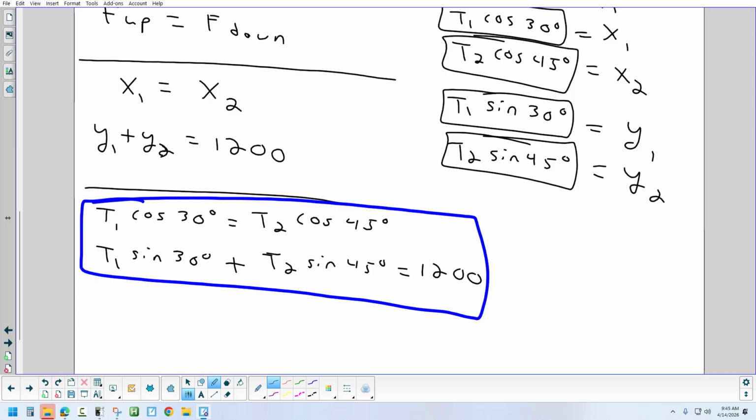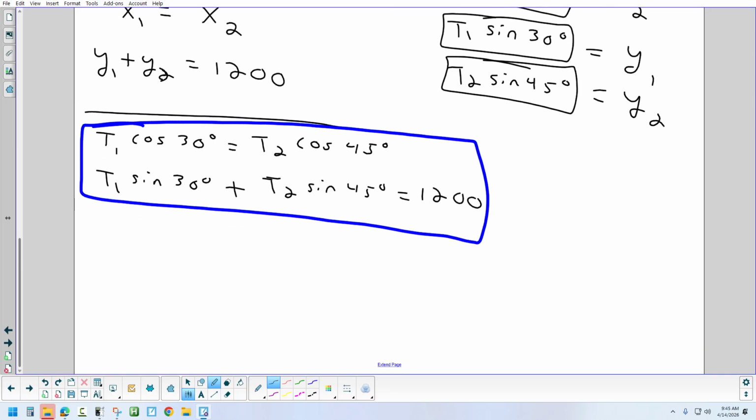What's another method? Yep, substitution. Which equation here do you think it's easier to get one of the T's by itself, the top or the bottom? Yeah, I would say the top. You can get either T1 or T2 by itself in one step. Let's do T1.